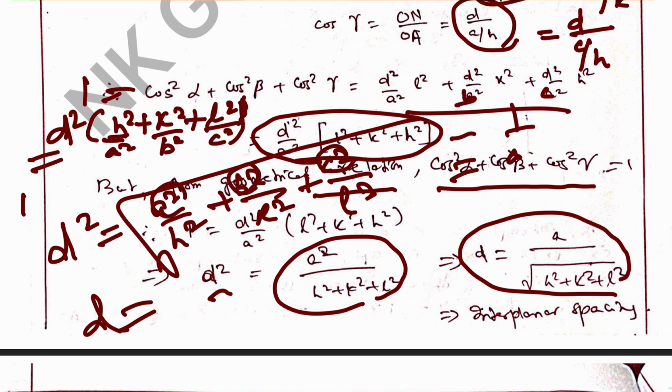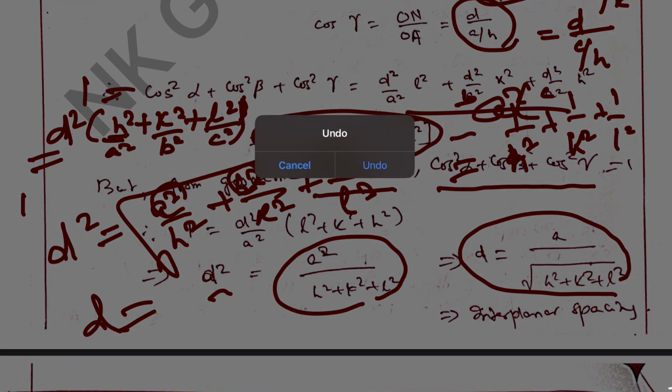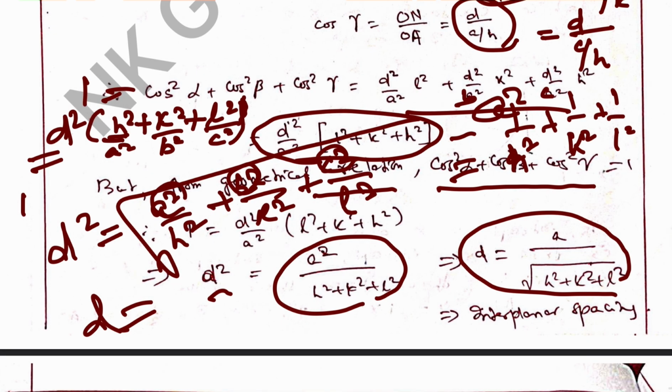So this will be 1 by H square plus 1 by K square plus 1 by L square, or this A square will be common, and it will be equal to A by root over of H square plus K square plus L square.